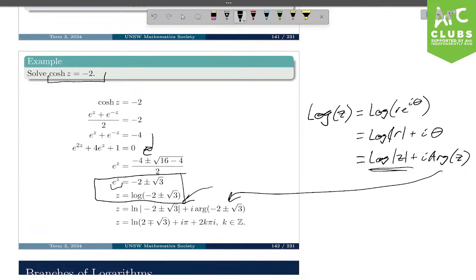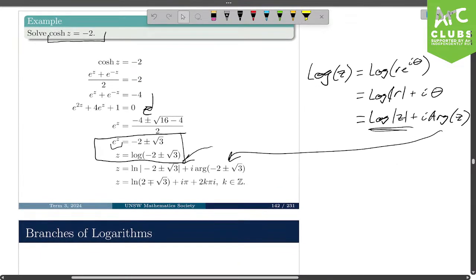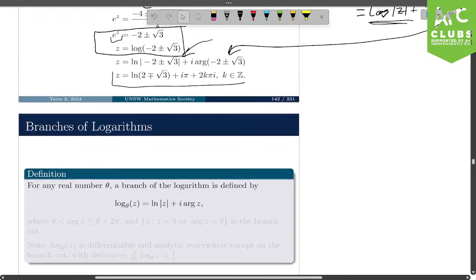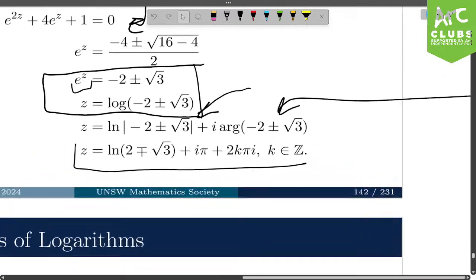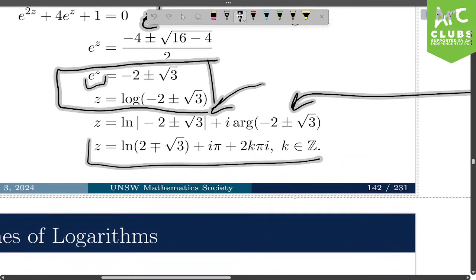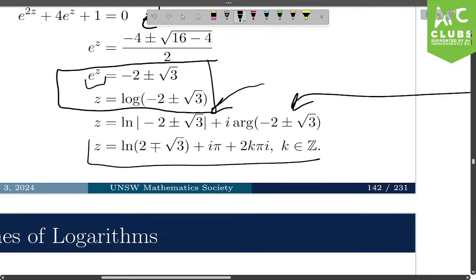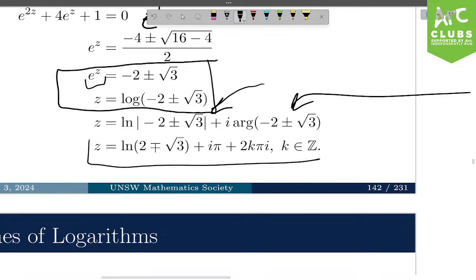Okay? And this gives us z as required. Just note, we have an i pi just because the minus 2 plus minus root 3 is always negative. So we flip that around inside this normal logarithm, so we can remove the absolute value signs.